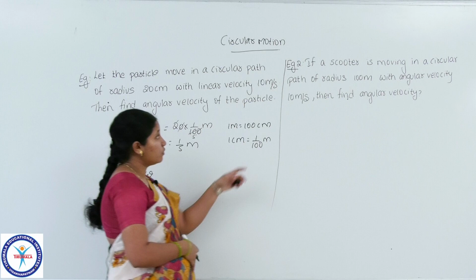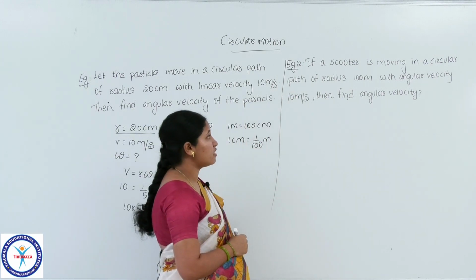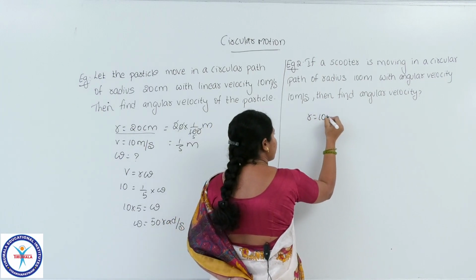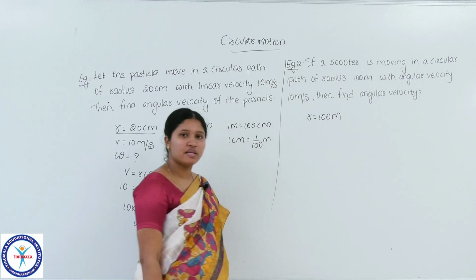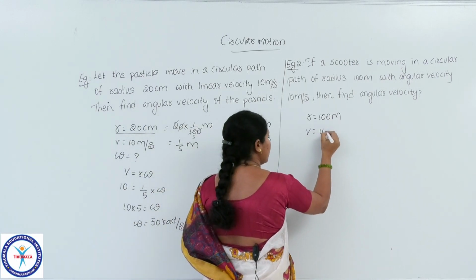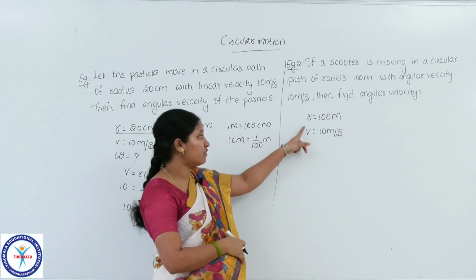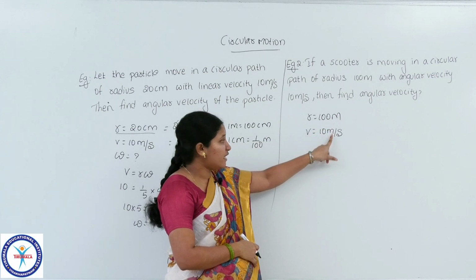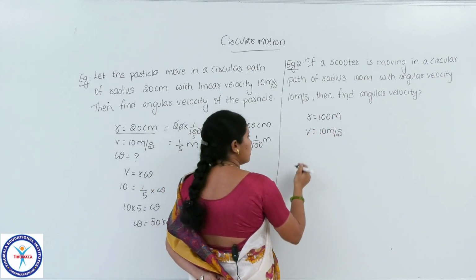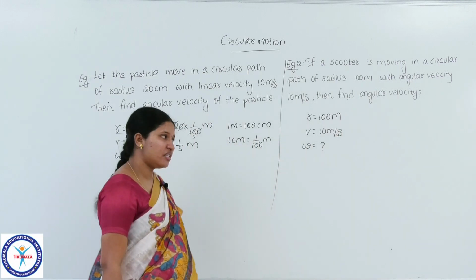So let us look into another similar example. If a scooter is moving in a circular path of radius 100 meters, the radius is given as 100 meters. And what is the linear velocity given? V is equal to 10 meter per second. So if you observe the units of both the variables, both are in SI units. So there is no need to convert into CGS. So directly we can find out omega. So what is the relation?